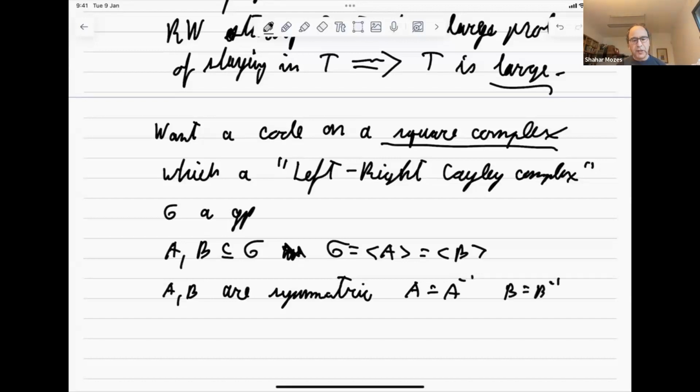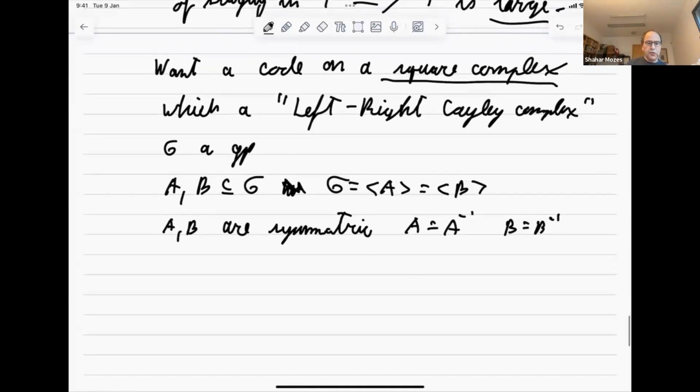So each set of generators contains an element and its inverse. We all know how to associate a Cayley graph with a group and a set of generators. Actually, you have a left Cayley graph and a right Cayley graph. So we want a square complex. We call X = Cayley(A, G, B) a square complex.